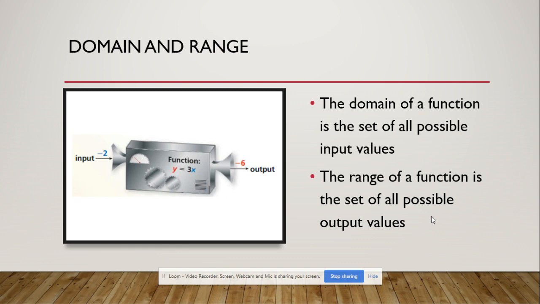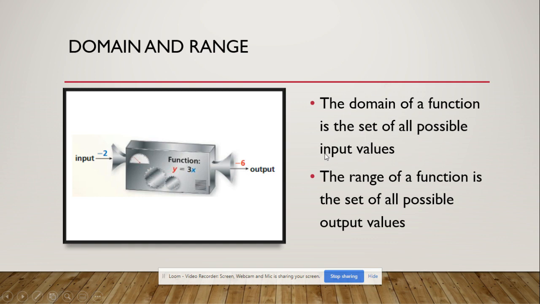Okay? Now, with this particular unit, there's a lot of vocabulary. We've been talking mostly about functions and relations so far. A function just has each input matching an output. We said that input was the x, output was the y. Here are two more words that you should try to associate with x and y. Domain is all of the x values.